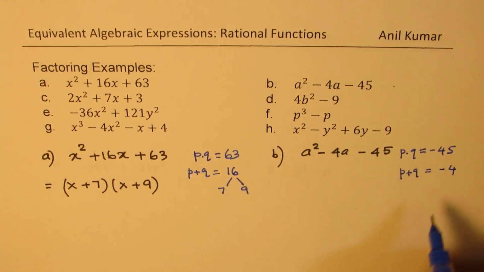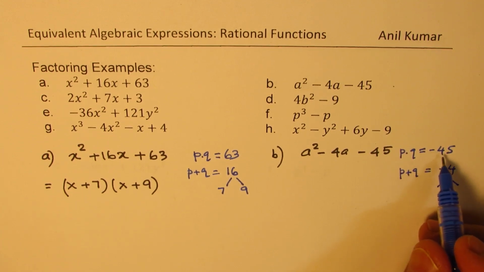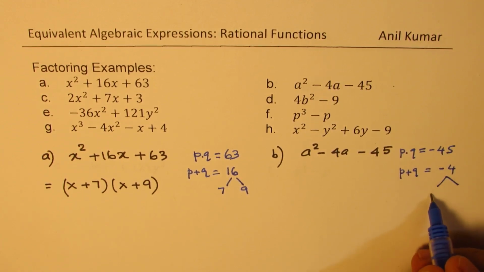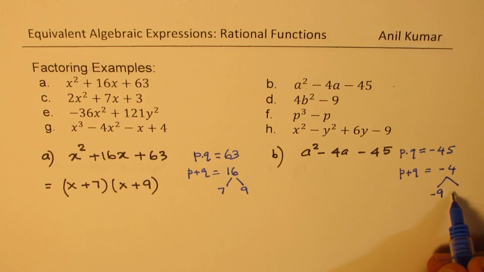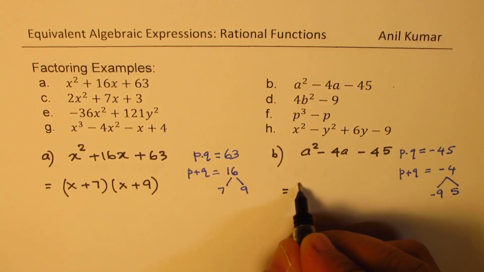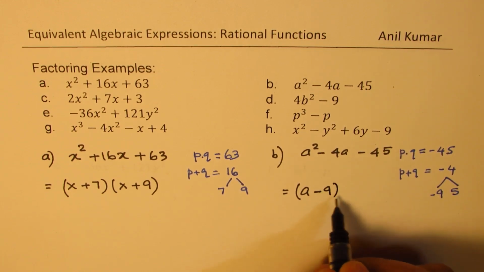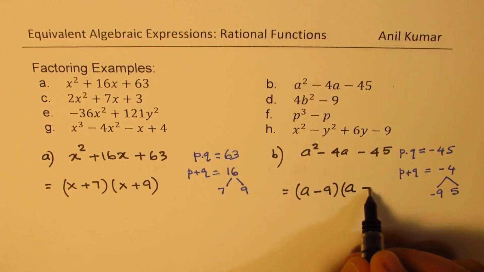So 9 times 5 can give us this result, and since the product is negative, one of them should be negative, and the bigger number is going to be negative, right? 9 times 5 is 45, and that gives us minus 4 when you add them. And therefore, it can be factored and written as a minus 9 times a plus 5.